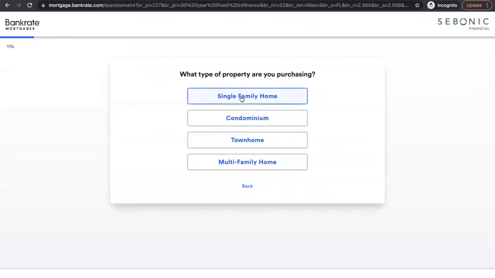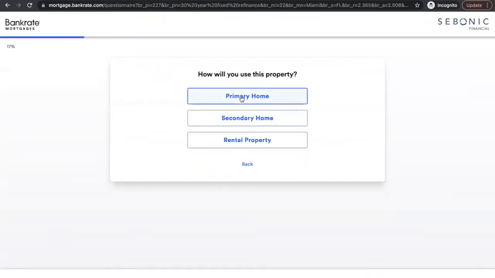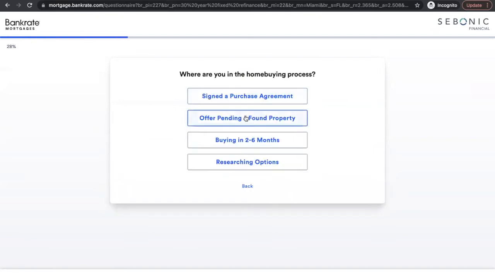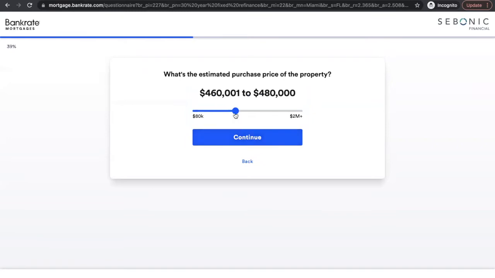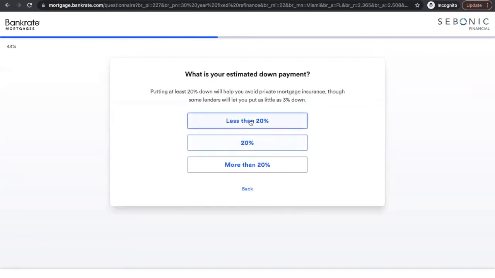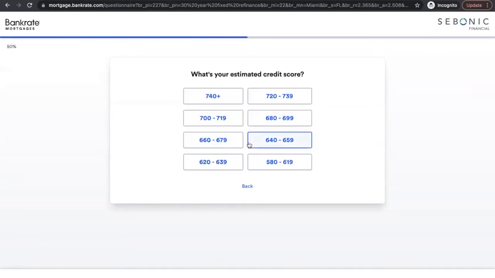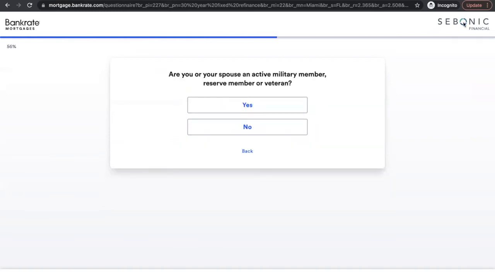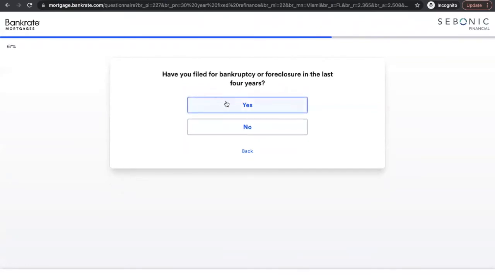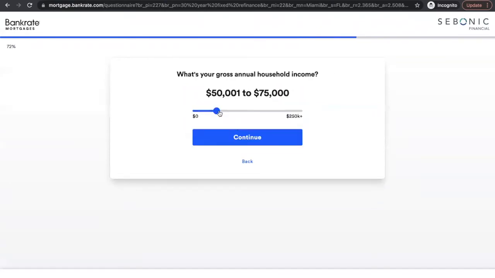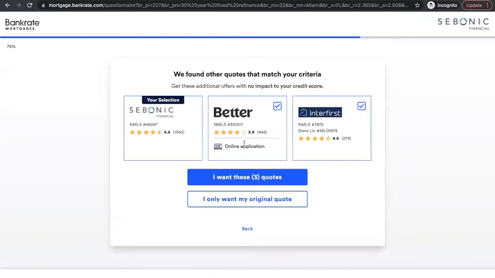You answer a series of questions, you go through the lead workflow, and eventually, you've got your sliders, you will be matched with either this particular lender or a number of lenders, and you can then choose which lender you want to go with. So here we are. They've got our 3 options here.